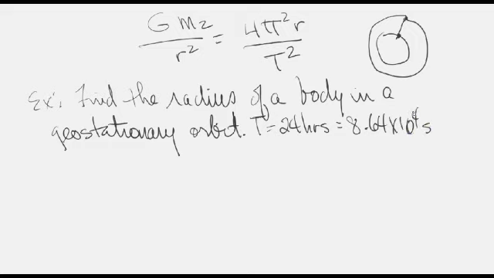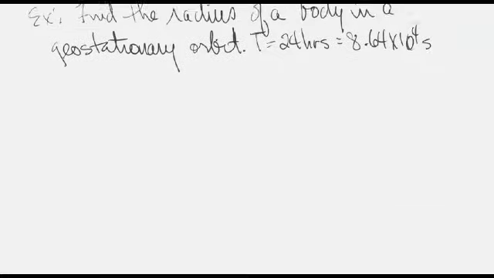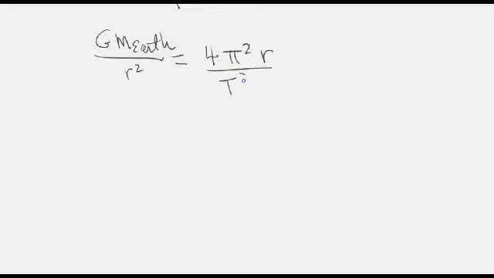So if we go ahead and do our arithmetic here, start with our equation, we get that the universal constant times the mass of the Earth over r squared is equal to 4 pi squared times the radius of the orbit over T squared.